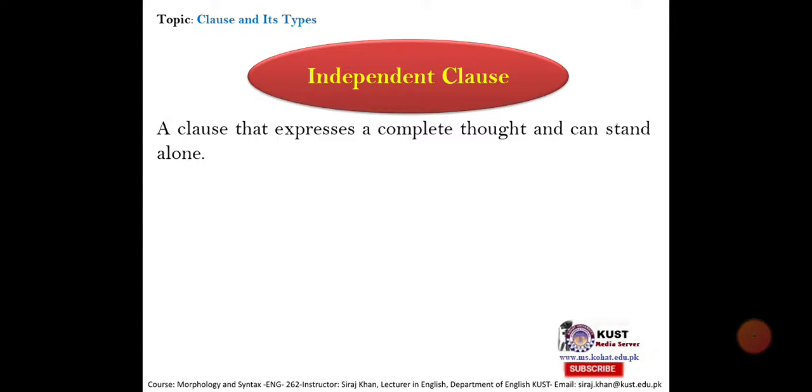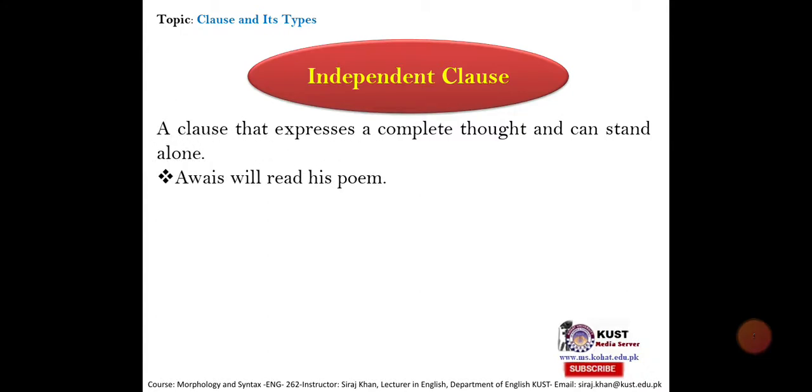The main clause or independent clause is that clause which expresses a complete meaning and it alone can stand as a sentence. A clause that expresses a complete thought and can stand alone.